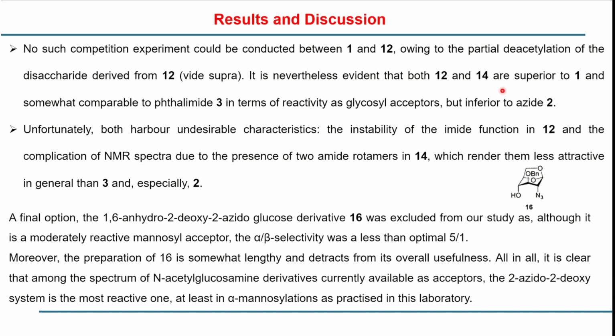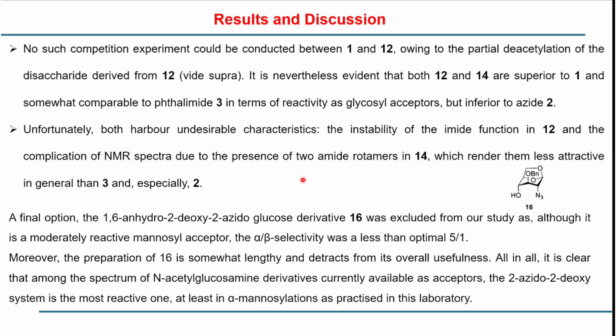Further down the line, they did not use 12 and 14 as acceptors, because 12 was unstable under the amide conditions, and 14, since it has two amide groups, behaves as rotamers. So people have utilized only 2 and 3, the azide and the phthalimide, as acceptors.